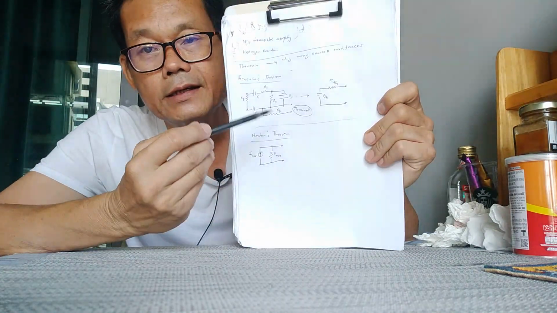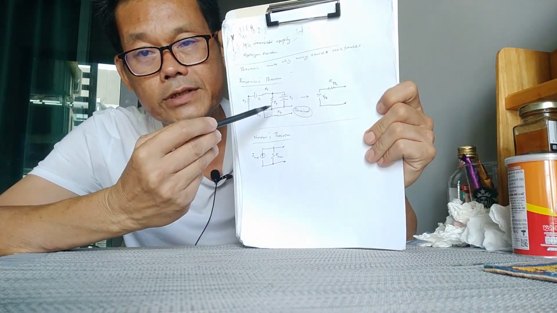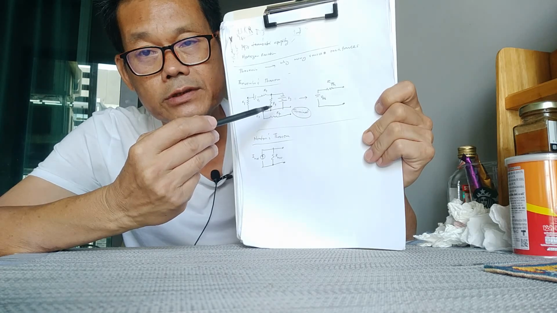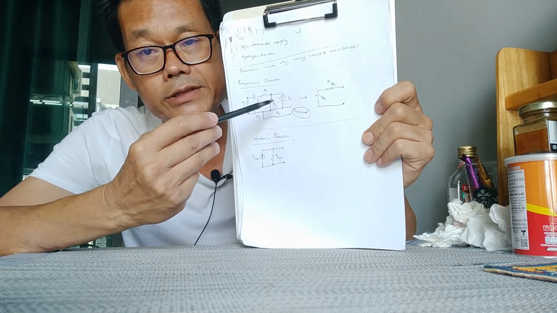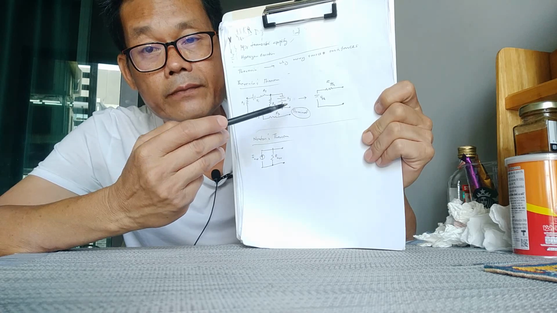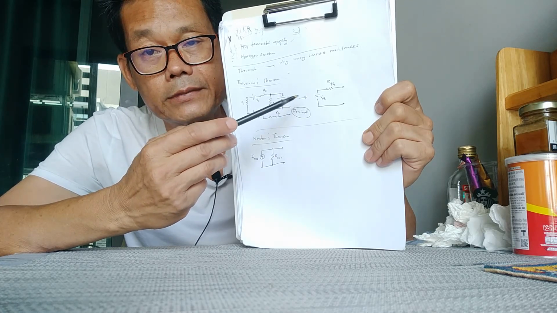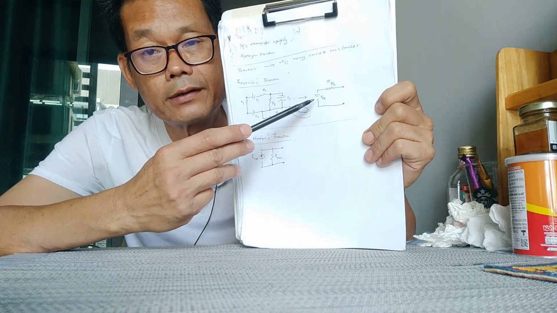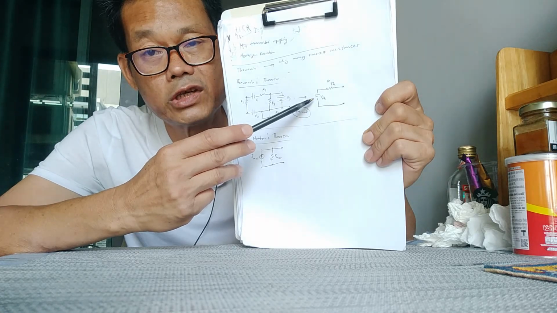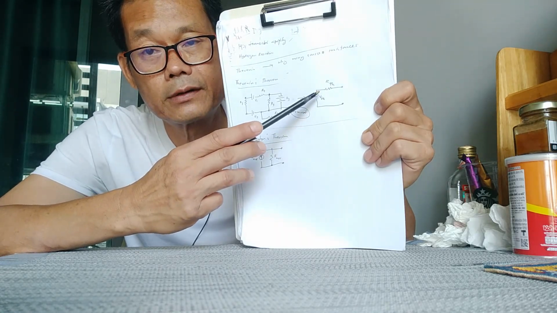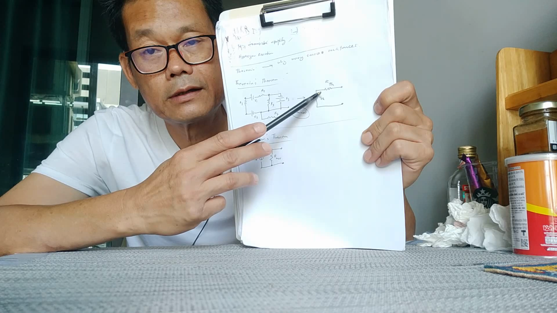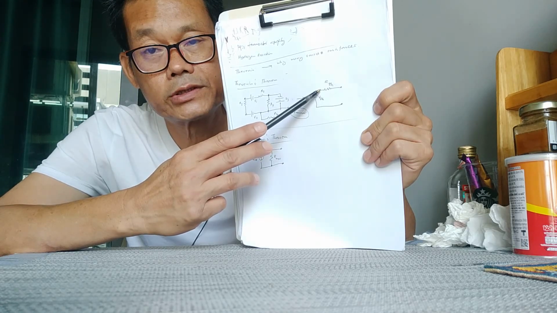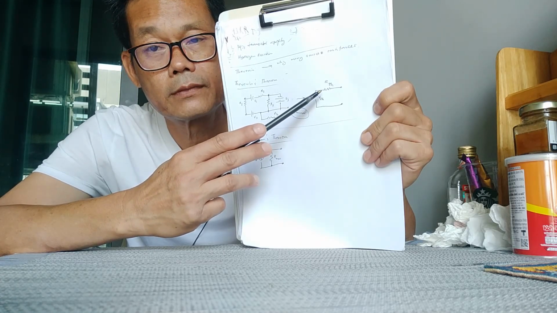All right, here is your original circuit. You have so many voltage sources and so many resistors, and you want to apply Thevenin's theorem. Then you end up with only one voltage source, VTH, and only one resistor, RTH.